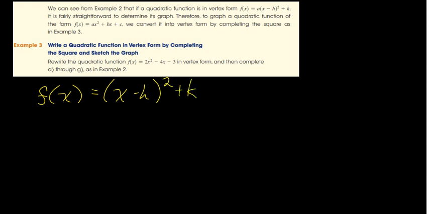Okay, so this is our vertex form, well, most of it, because I forgot the a. There we go. So we need to figure out a way to change this into this, and we have to complete the square. So let's write the equation beneath it.